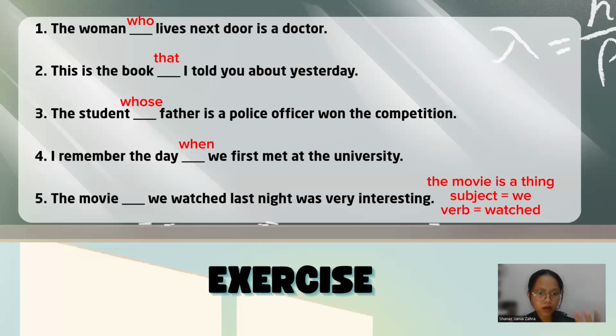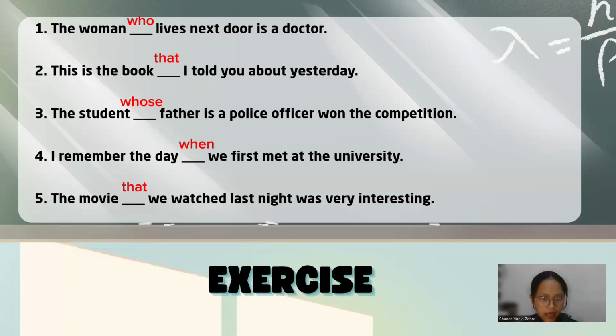For a thing as an object, we can use that or which. In a defining adjective clause, that is commonly used. So the correct sentence: the movie that we watched last night was very interesting. Again, because that is an object here, it can be omitted, but using it makes the sentence clearer.